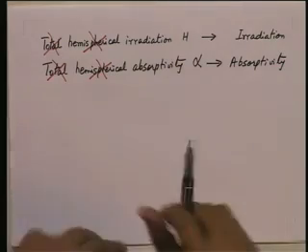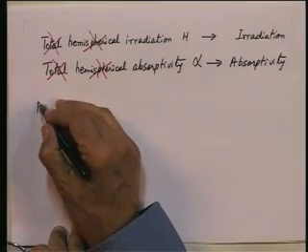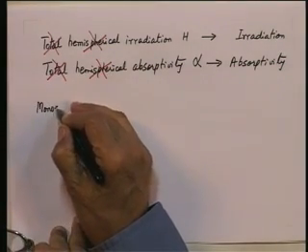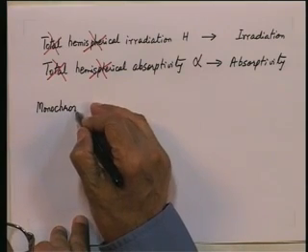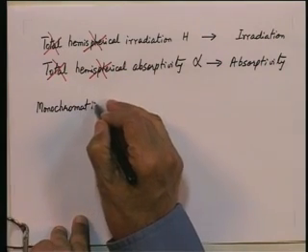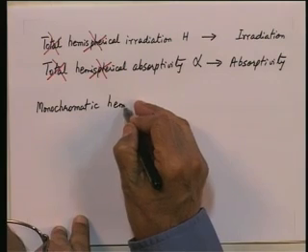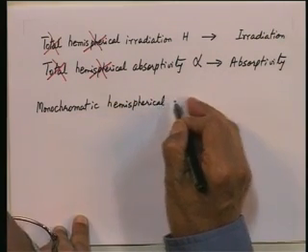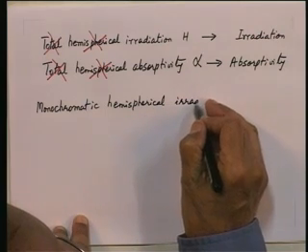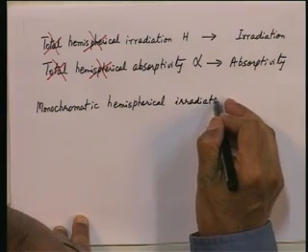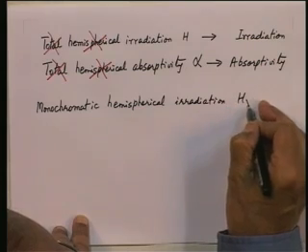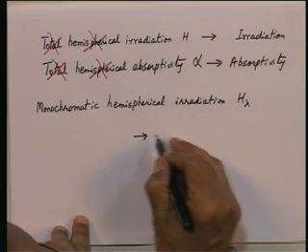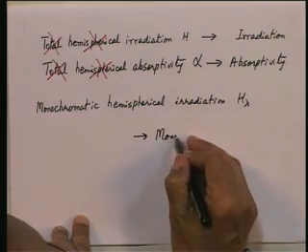Or we will not keep on saying monochromatic hemispherical irradiation, which is H lambda, we will simply call it monochromatic irradiation.